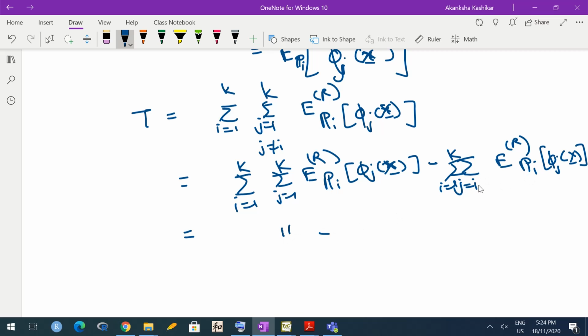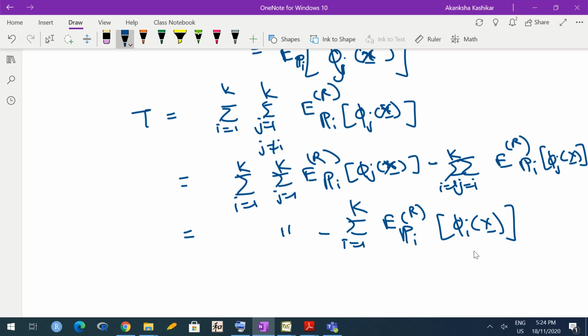Here j equal to i means actually I have the sum over i going from 1 to k of E_Pi, R, expectation of phi i(X), because j is equal to i.